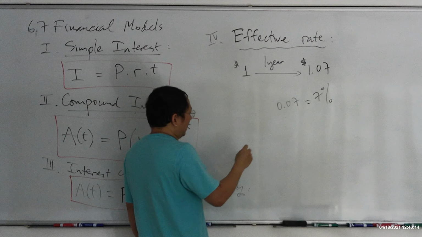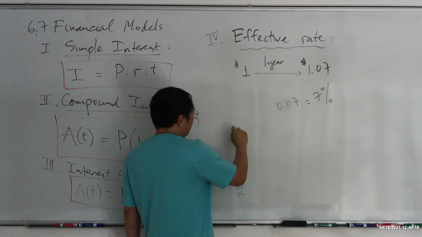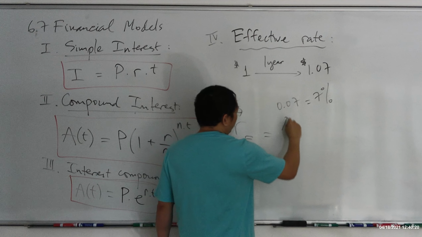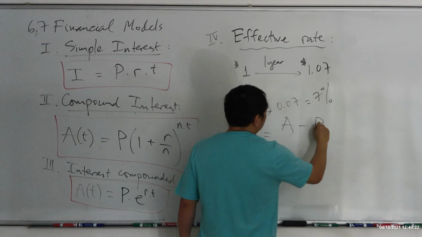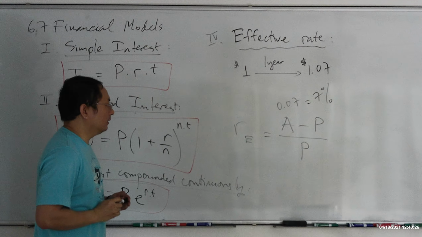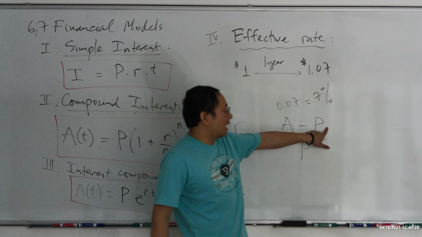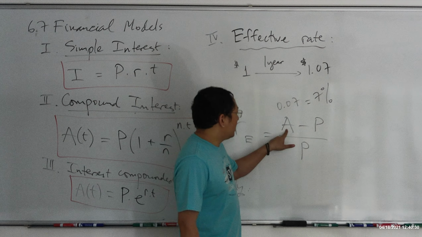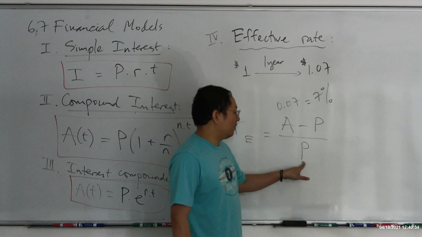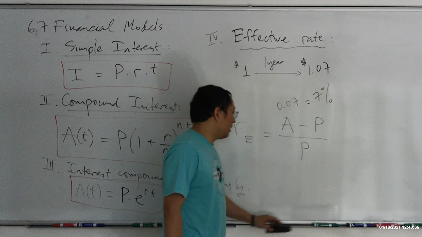So in general, the effective rate formula is this. The rate with the e down here, effective rate, is the future amount, subtract the principal amount, divided by the principal amount. Okay? This is how much you have at the beginning, right? And this is the future amount you get at the end. You calculate the difference divided by the original amount of money that you have.